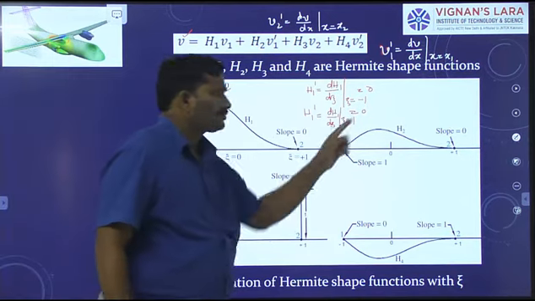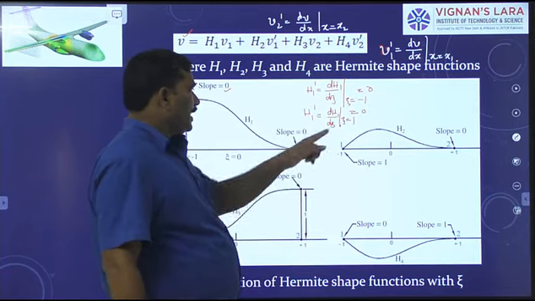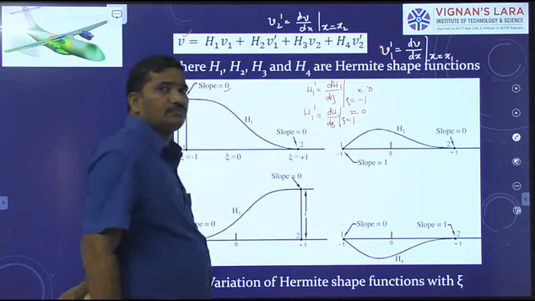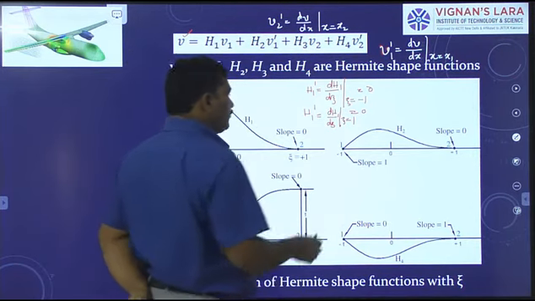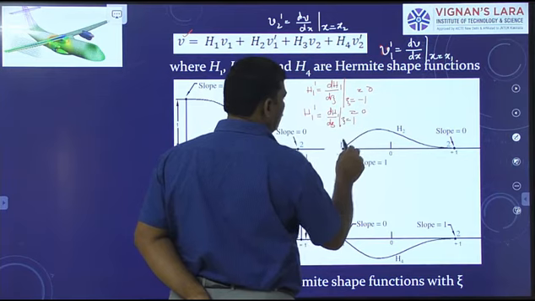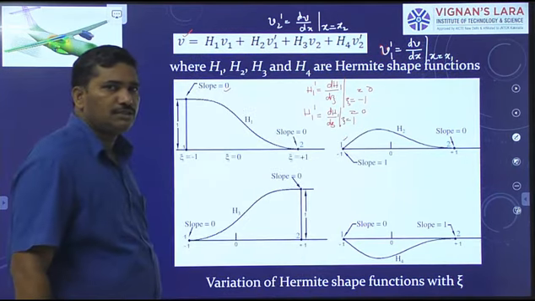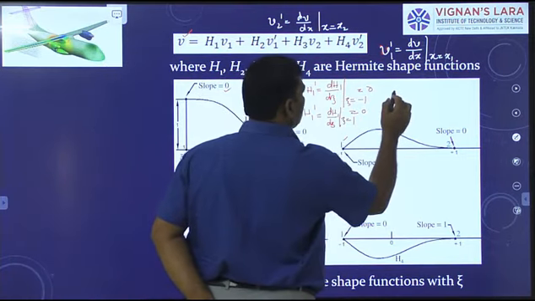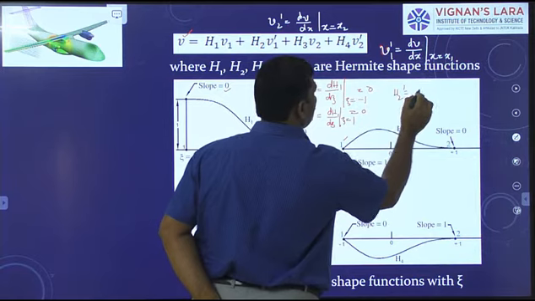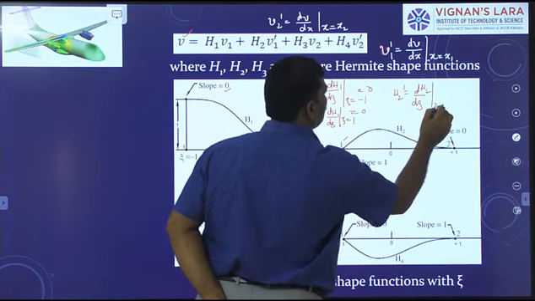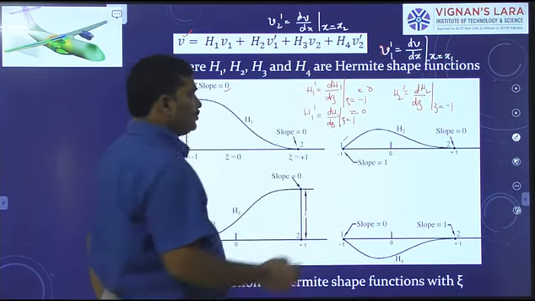Next, H2. H2 at j equal to minus 1, that is at node 1, the value of H2 is 0. And the slope of H2 at j equal to minus 1, if you determine H2 dash equals d by dj of H2 at j equal to minus 1, you get unity.